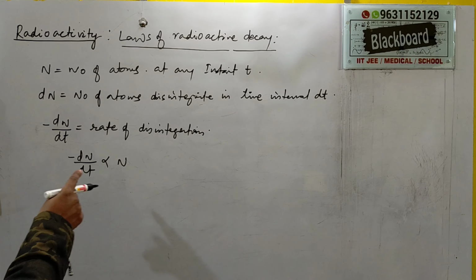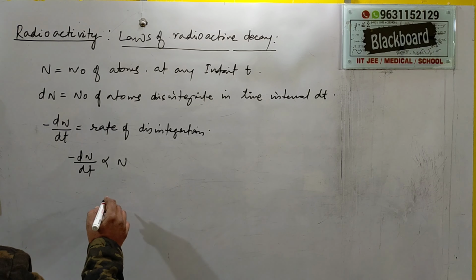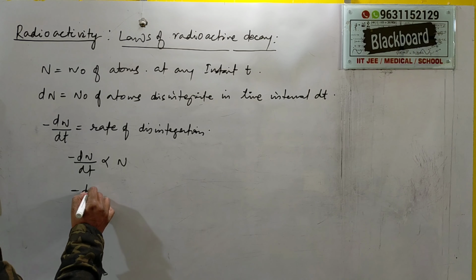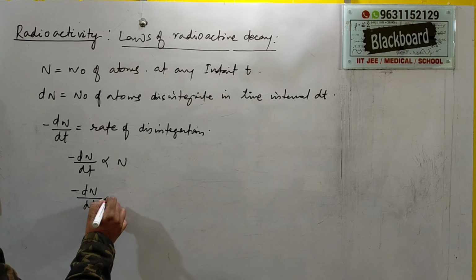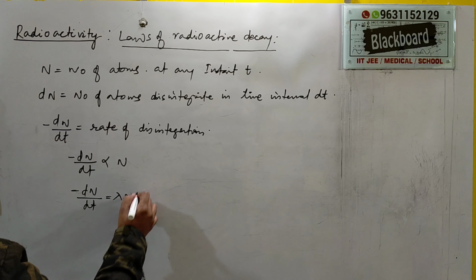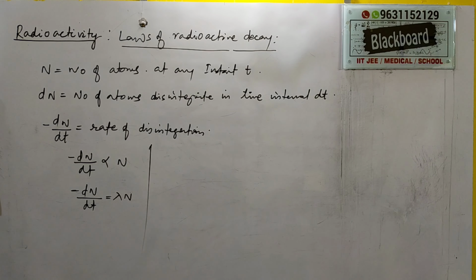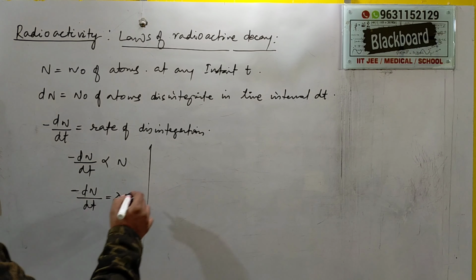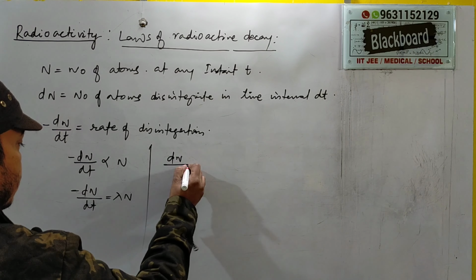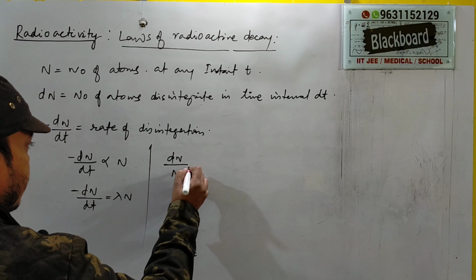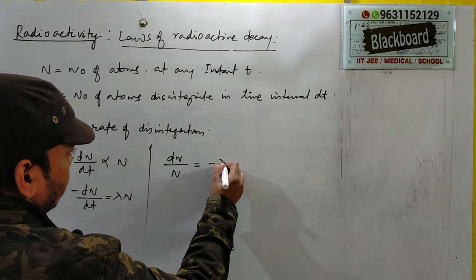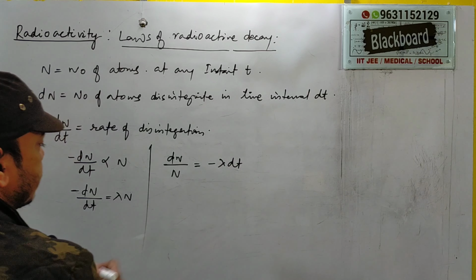तो यहाँ पर हम लोग लिख सकते हैं, इस प्रोपोर्शनलिटी को हटाएंगे तो माइनस dN/dt is equal to lambda times N. Now apply variable separable. तो वेरिएबल सेपरेबल लगाकर हम लिख सकते हैं dN/N is equal to माइनस लैम्डा टाइम्स dt.